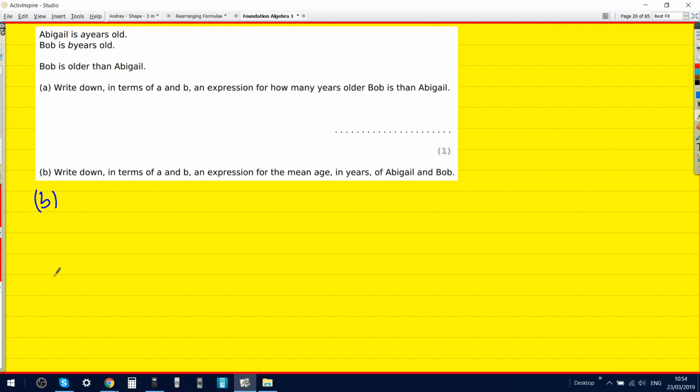Oh, you add them all together and divide by the number you've got. Okay. So that would be A plus B divided by 2. And part A. Write down in terms of an expression for how many years older. Is that A take away B? Bob is older. Oh, B minus A. Yes.